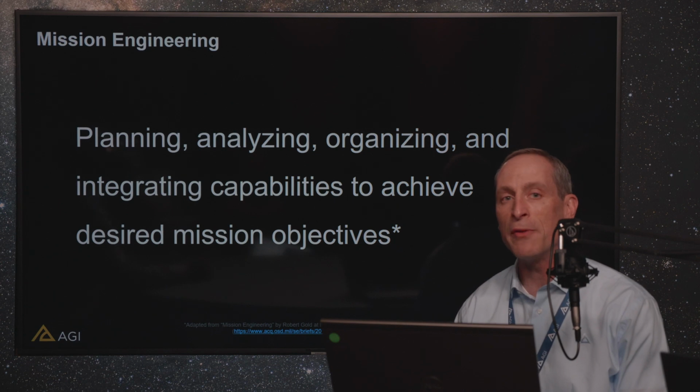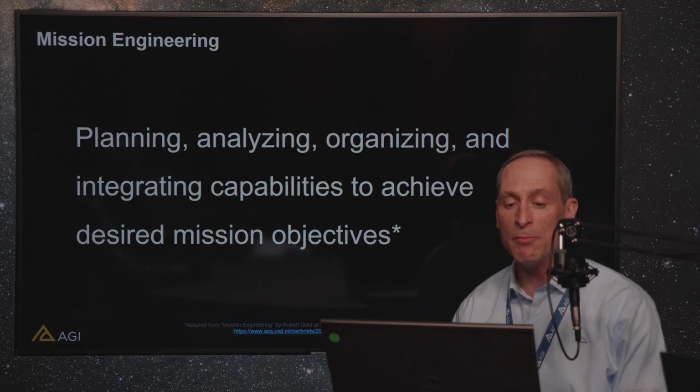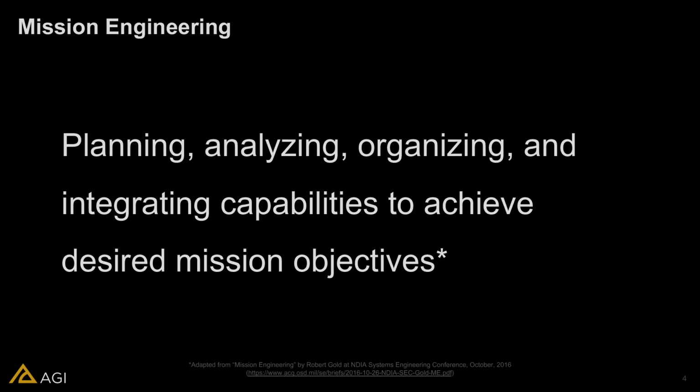So with this definition for mission, the engineering part of that then is simply doing the engineering around that. That is planning, analyzing, organizing, and integrating the assets, systems, and capabilities in order to achieve that desired outcome, those desired mission objectives. Digital mission engineering then is really just the application of digital means, specifically modeling and simulation, to execute this engineering function.